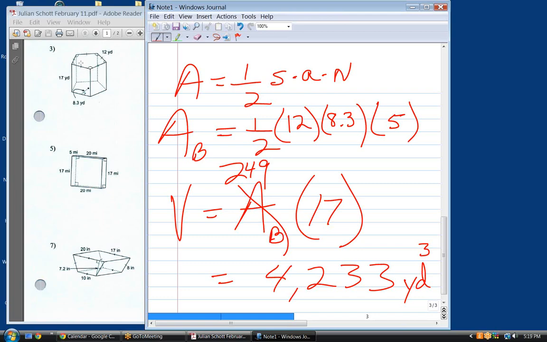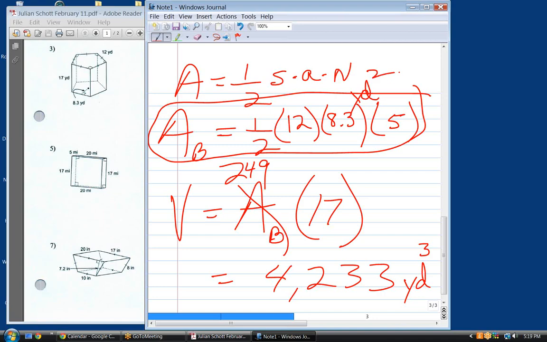If I'm measuring area, the area of that base is in square yards, because I'm multiplying yards times yards, and that's a two-dimensional shape. Well, when we're talking volume, we're talking three-dimensional. So volume is always going to be measured in cubic whatever the thing is. In this case, cubic yards. In the first case, it was cubic miles.